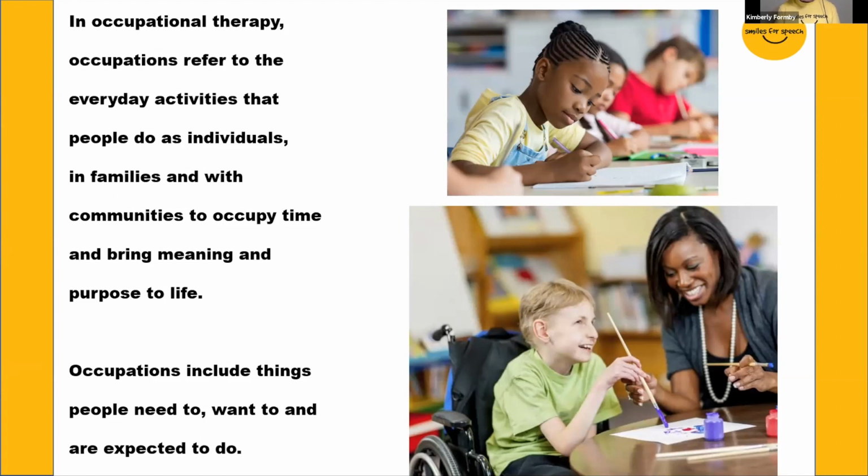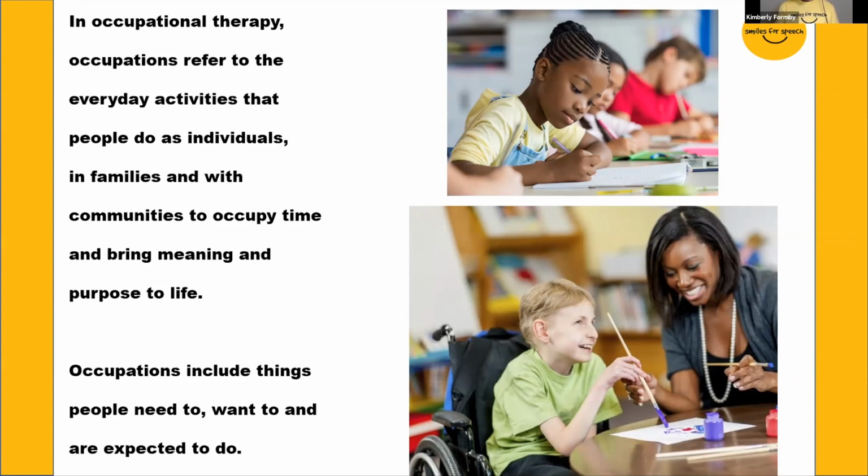So just as an example, some of my occupations, some of my roles that I've chosen for myself that bring meaning and significance and purpose to my life are that I'm a wife, I'm a mother, I'm an occupational therapist. I participate in a variety of community activities, and I also have a variety of interests.